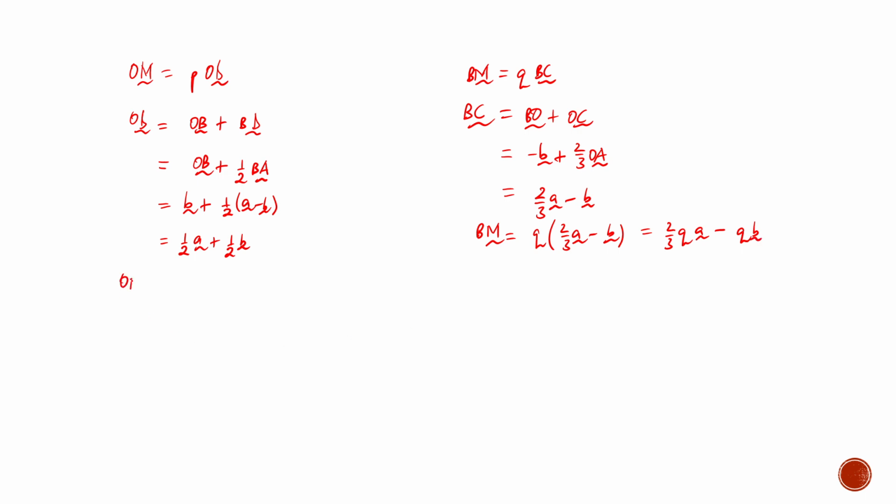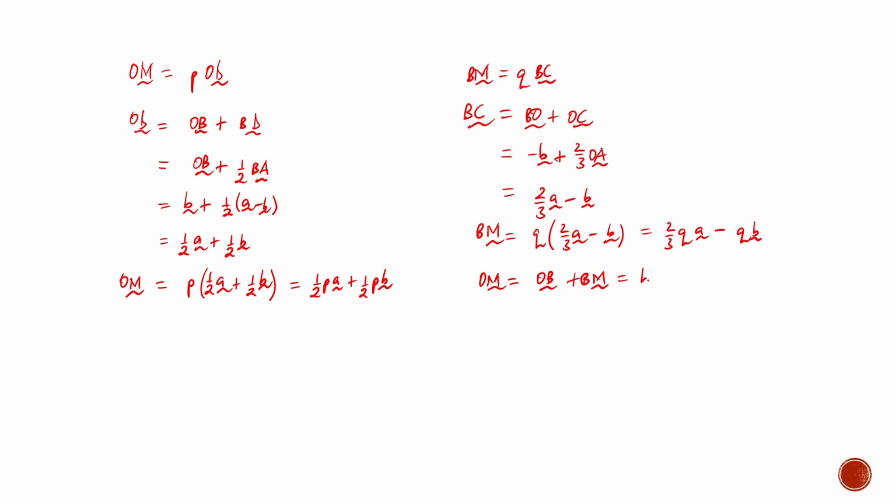Now we want two expressions for OM, that's what the question asks for. Here OM would be P times (a half A plus a half B), which would be a half PA plus a half PB. And here, to get OM, it would have to be OB plus BM.